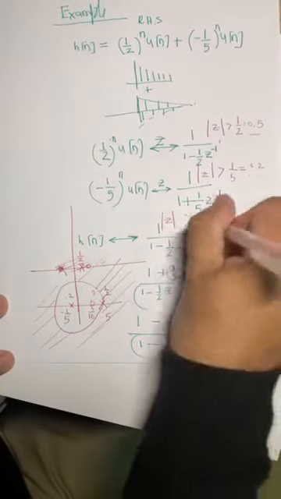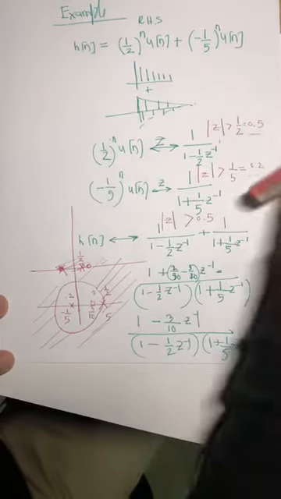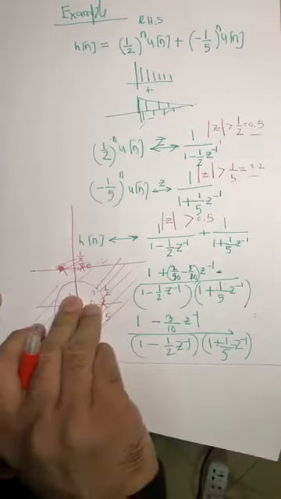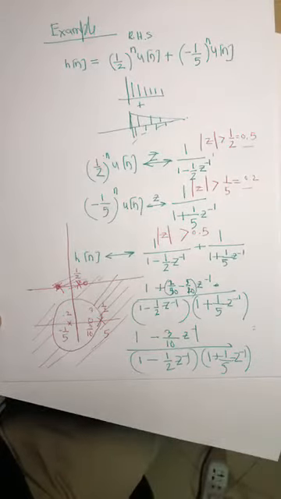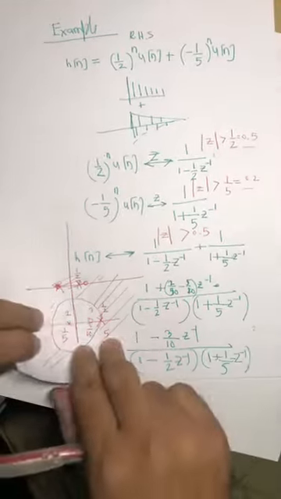So for left hand side sequences, you need to plot all the poles to find out the region of convergence.